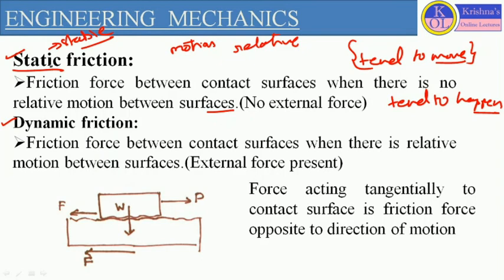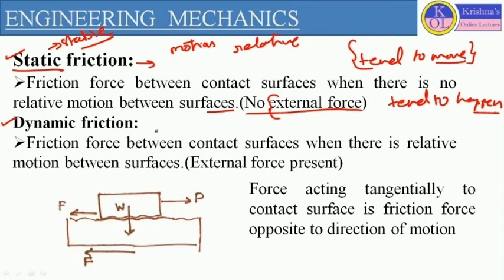That particular condition represents static friction. And we can also define this condition in terms of external force. When there is no external force present, the body will be in a stable condition, and between two bodies at the contact surface we can define static friction.